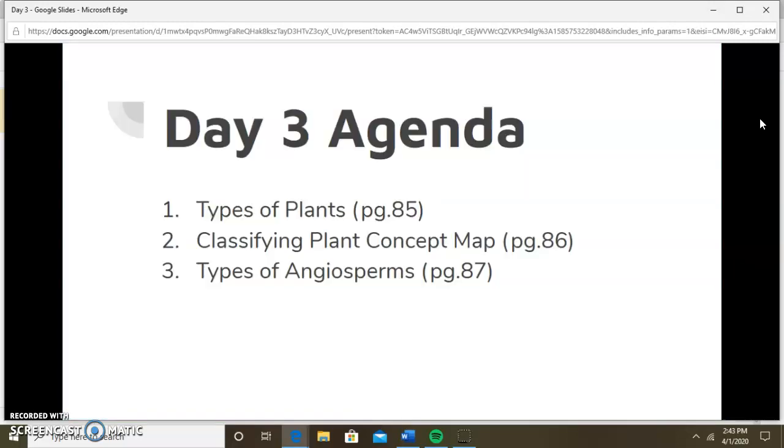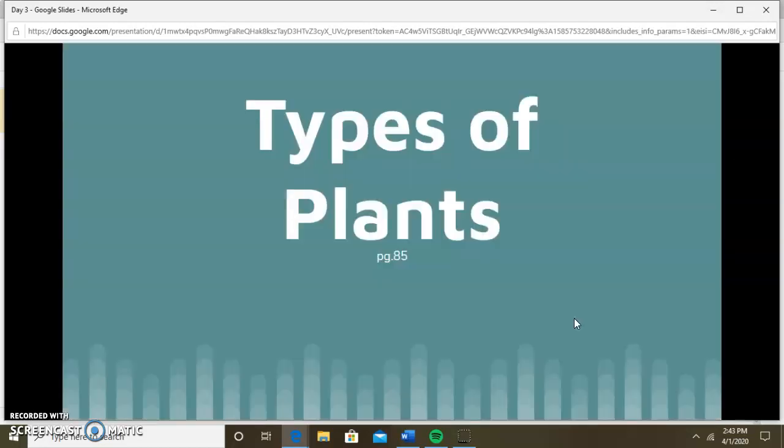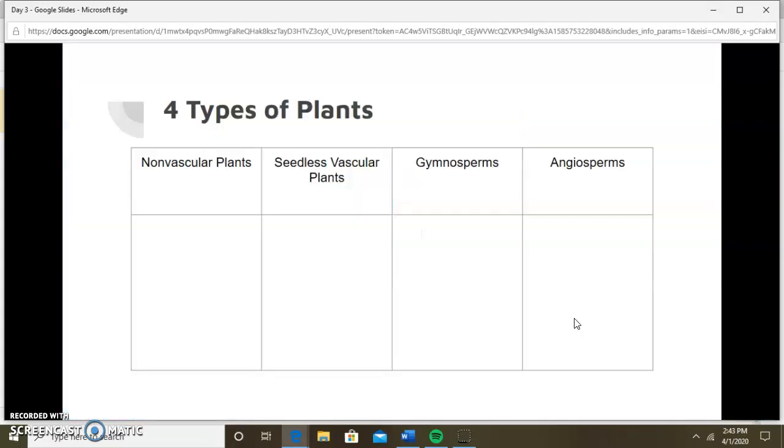This is our agenda. We're going to do types of plants, we're going to do classifying plant concepts, and we're going to do types of angiosperms. So the first one is on page 85, and it's going to be types of plants. There are 4 different types of plants: non-vascular plants, seedless vascular plants, gymnosperms, and angiosperms, and we will learn about all 4 different types today.